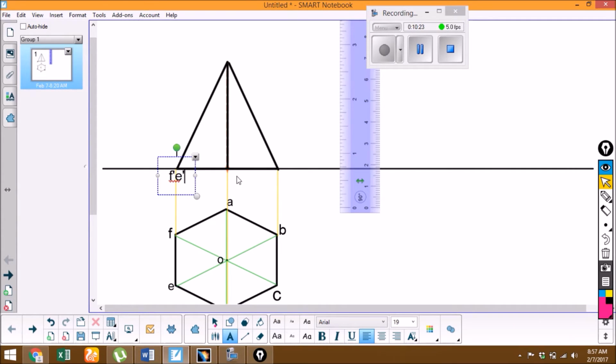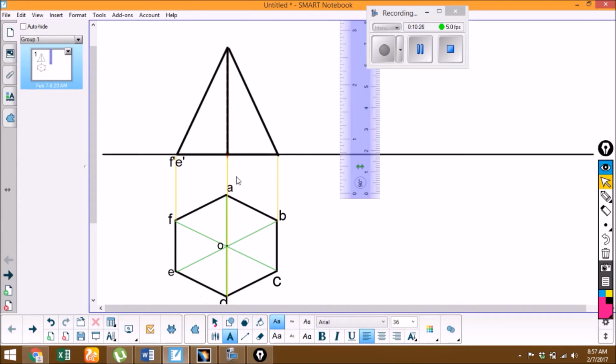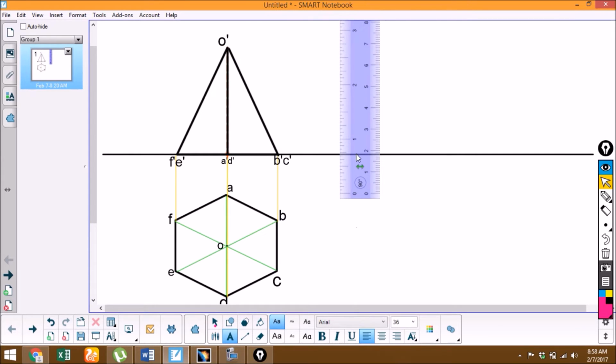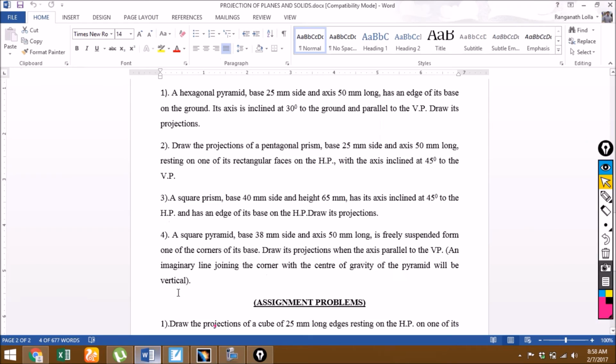So here E dash, F dash, here D dash, A dash, and at this point C dash, B dash, and at last the apex point also O dash. This completes step 1, that is without making the angle with the ground.